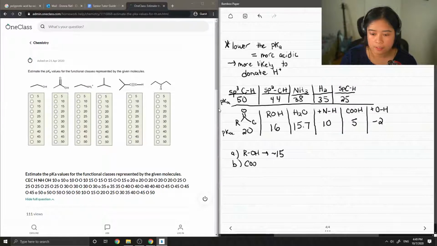For this carboxylic acid group, it's here, so it's around 5. It's on the more acidic side. Next is this protonated amine group. It's here, so it'll be around 10.